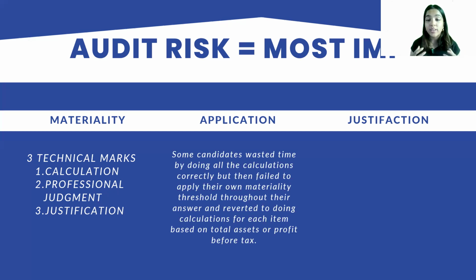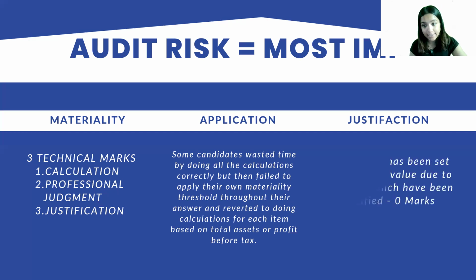I don't know why, but students waste a lot of their time in calculating percentages. Okay, this is this percent of revenue, hence it is material. Guys, don't. You have calculated materiality above. Just make sure that you are using it. If you are using it in every risk that you have identified, then you will get another professional mark. Fine. So this is how your professional and technical marks are distributed for the materiality.